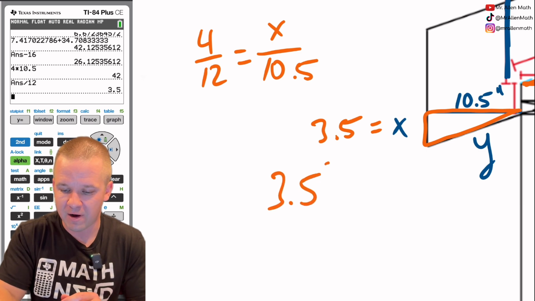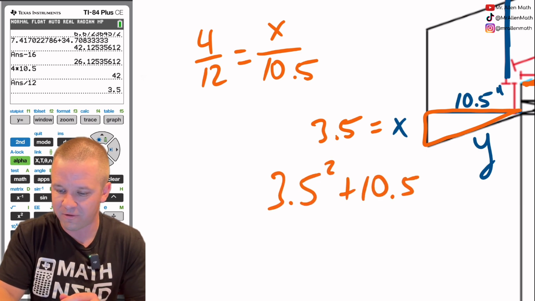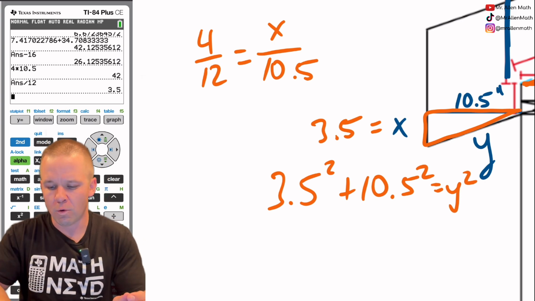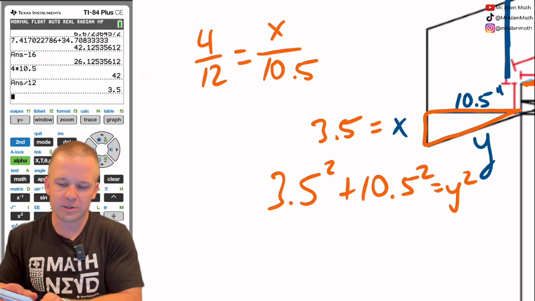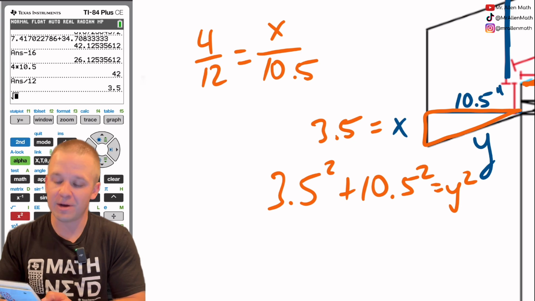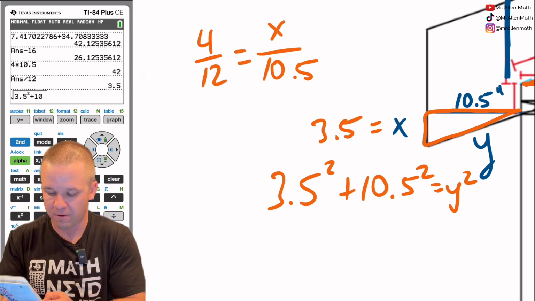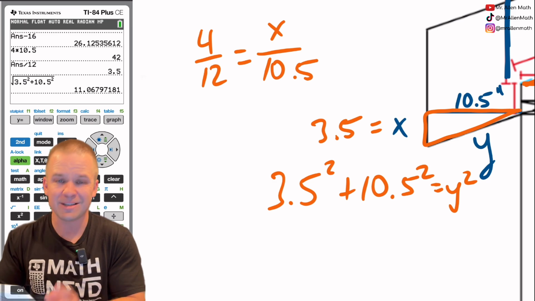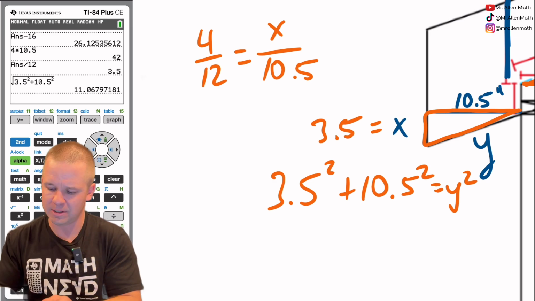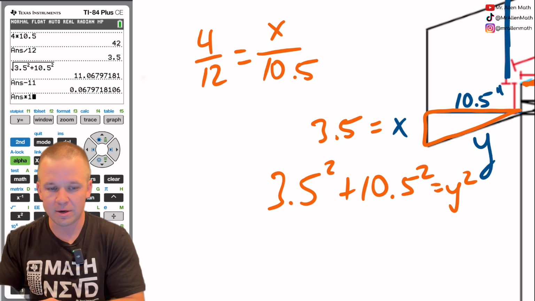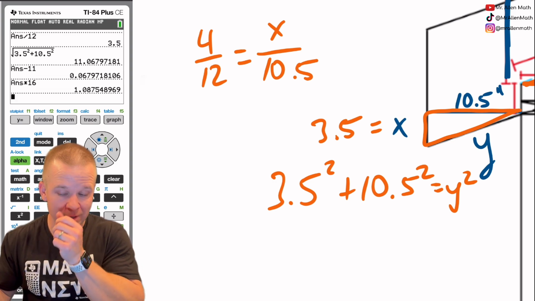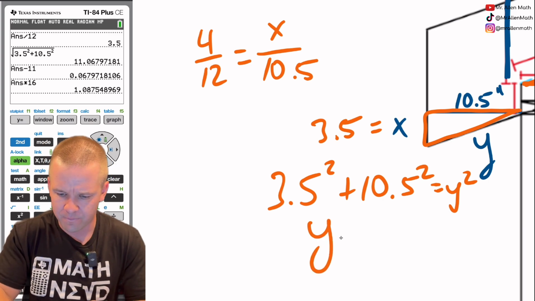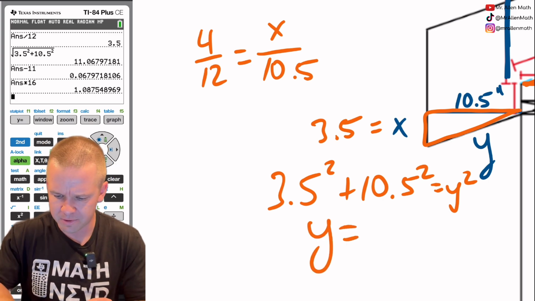We've got 3.5 squared plus 10.5 squared equals Y squared, all in one square root. Let's do it. 3.5 squared plus 10.5 squared equals 11.06. Is that 1/16 or no 16ths? Let's find out. Subtract 11, times 16. I've got 1/16. So 11 and 1/16. This is Y equals, what was it?